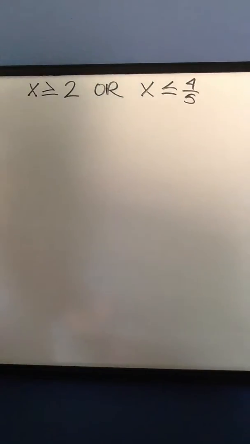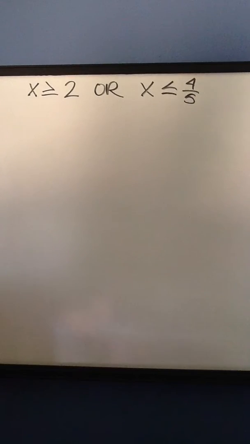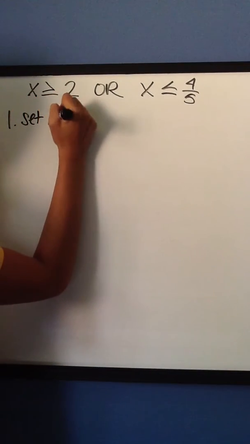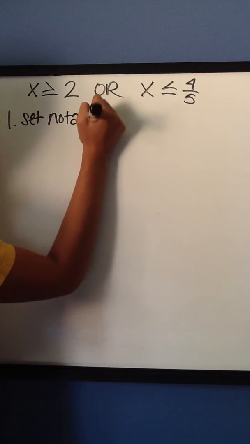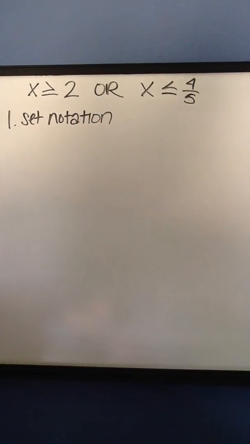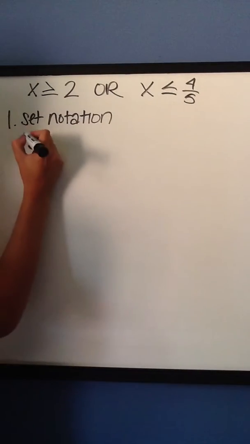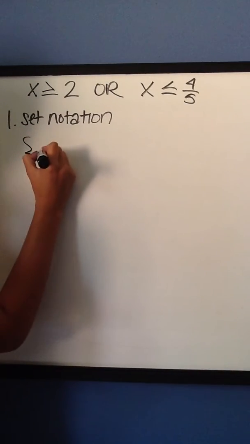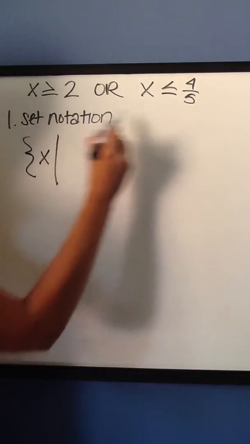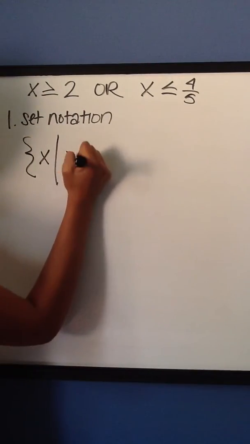So the first solution that we're going to write it in is set notation. And this is basically just defining x. And set notation is written like this. And then you simply just write your answer that you got to the last problem.